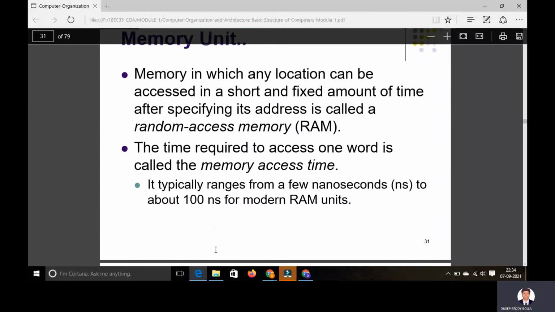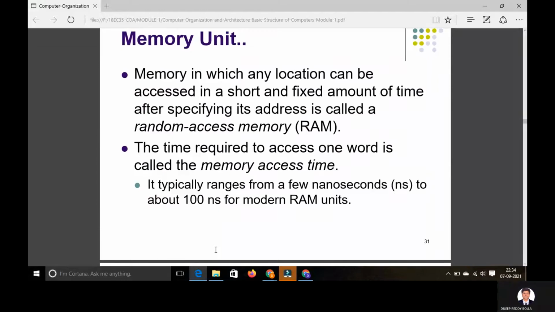We also know that the memory location can be accessed in a short as well as fixed amount of time. That is called random access memory. The time required to access one word is called the memory access time, which means if you want to access one word of data, how much time it consumes is the memory access time.